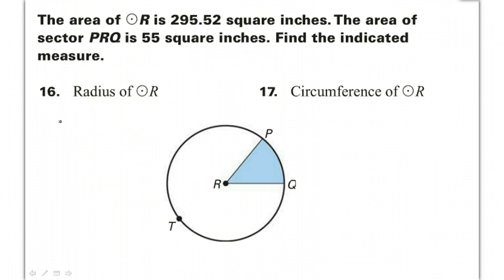Do you know the formula for the area of a circle? A equals pi r squared. Correct. Let's use that.